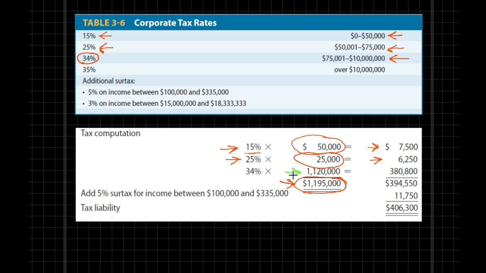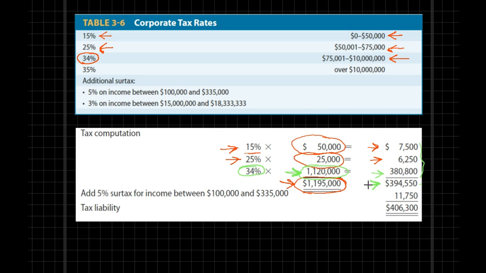So that number, the $1,120,000, is the number that will make these things add up to our income number, which is $1,195,000. So 34% multiplied by this residual number will give you this next tax liability. So you add up these three. This is your main tax liability, as you might imagine.